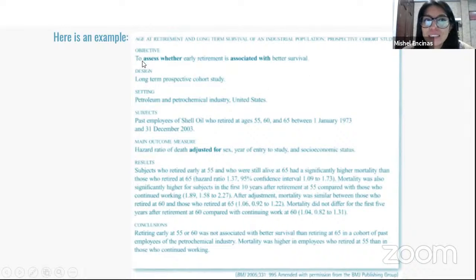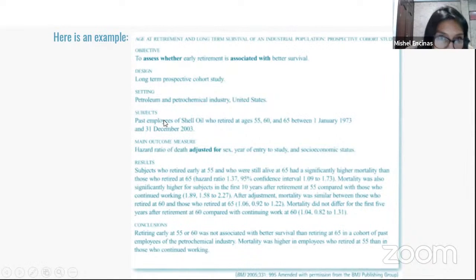For example, that is one objective related to this topic, right? Then we have the other segment, the design: a long-term prospective cohort study. Then we have the setting: petroleum and petrochemical industry, United States.